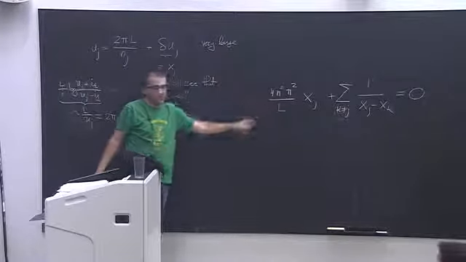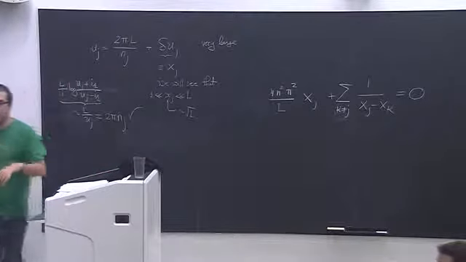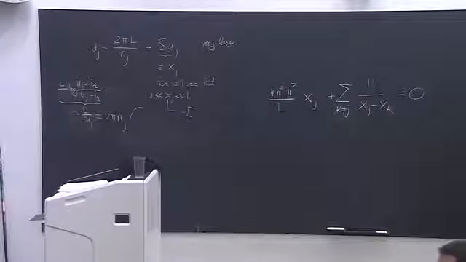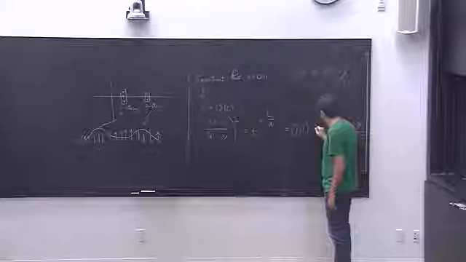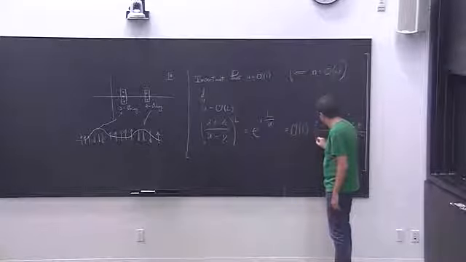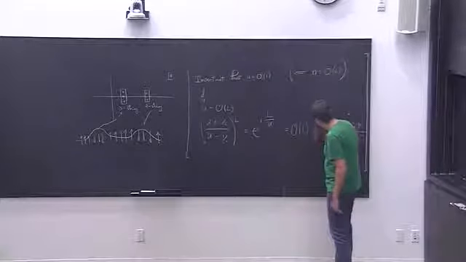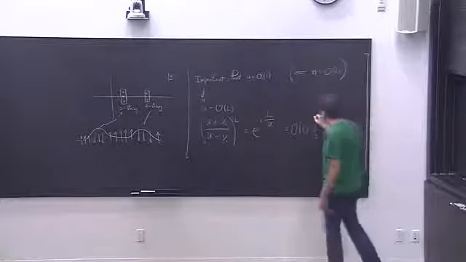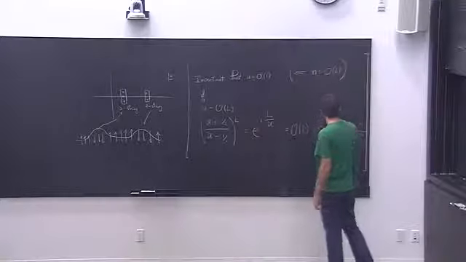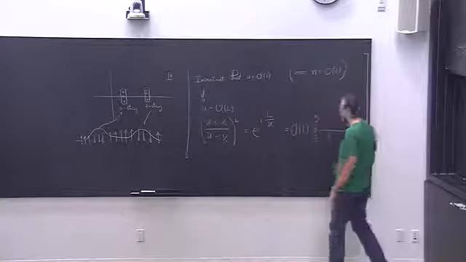So what we see is that in this limit, close to each of these cuts, it looks like I have a harmonic oscillator 1, another harmonic oscillator 2, and so on and so forth.